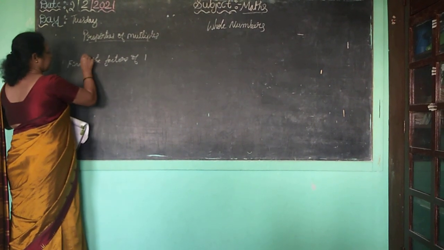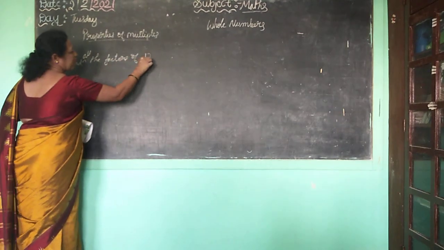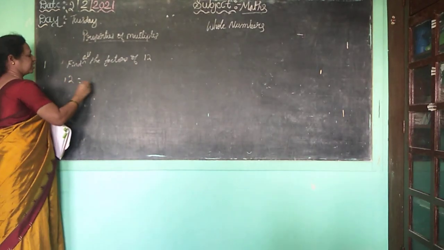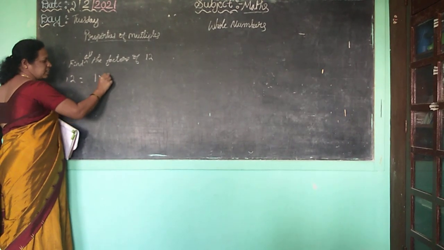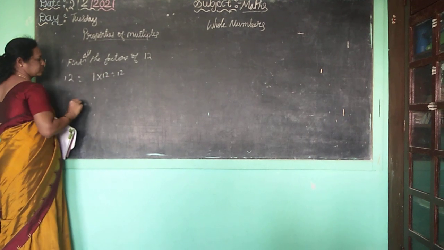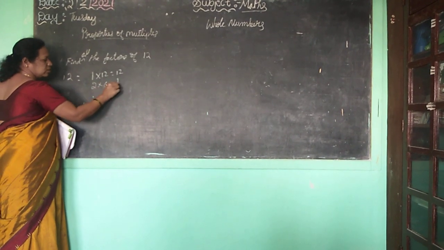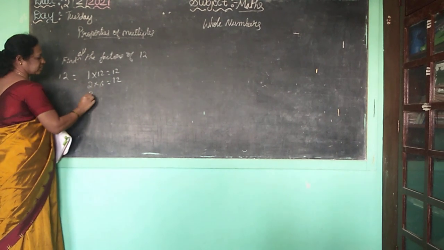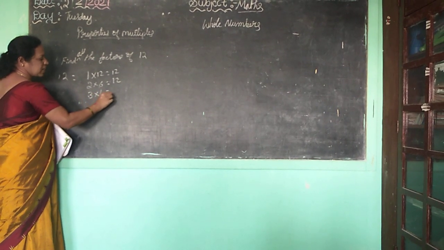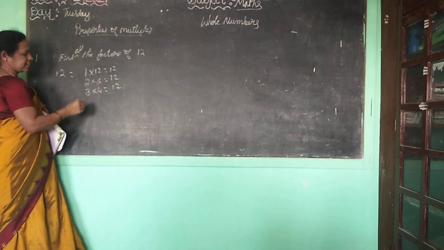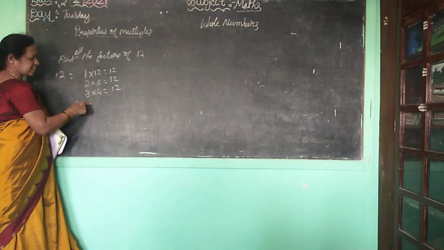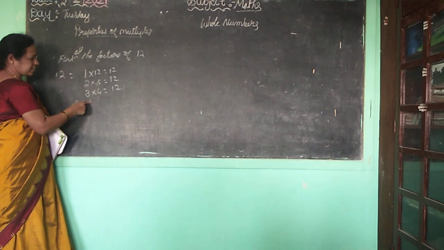Find all the factors, children. Find all the factors of 12. Okay, see here. 1 twelve is 12. Next I will take the 2 table. 2 sixes are 12. Next 3. 3 fours are 12. Next 4 is there. Next I will take 5. Is 5 there in 12?